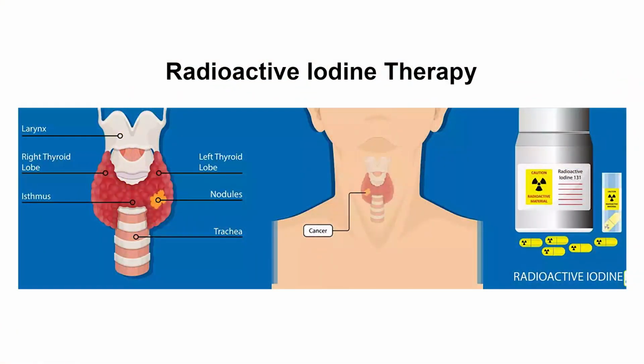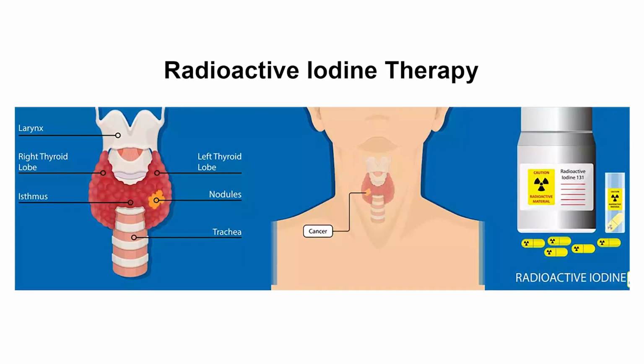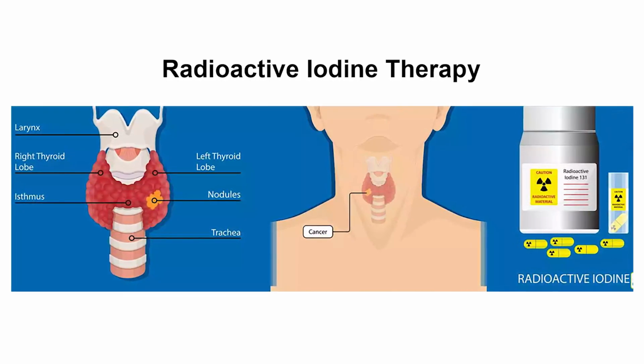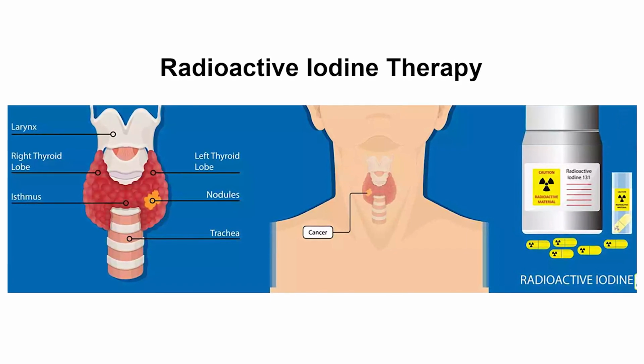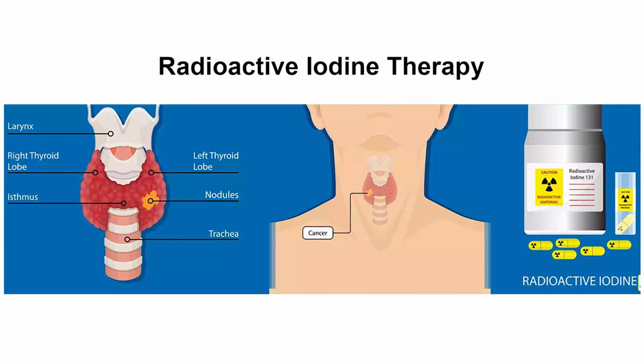In such cases, after removal of the thyroid gland, we can do a thyroid scan or bone scan to identify whether there is any other area where radioactive iodine is taken up by residual cancer cells. If any other area is identified as taking up radioactive iodine 131, follow-up radiotherapy is given to the patient, and radioactive iodine will destroy the residual cancer cells.